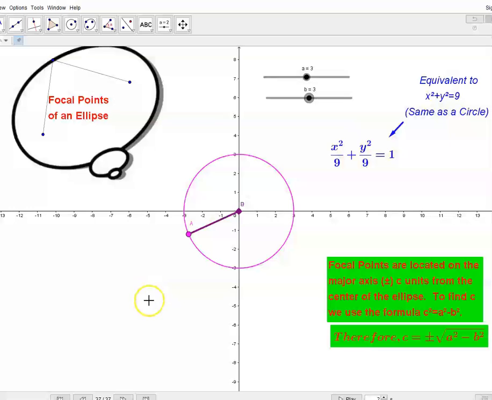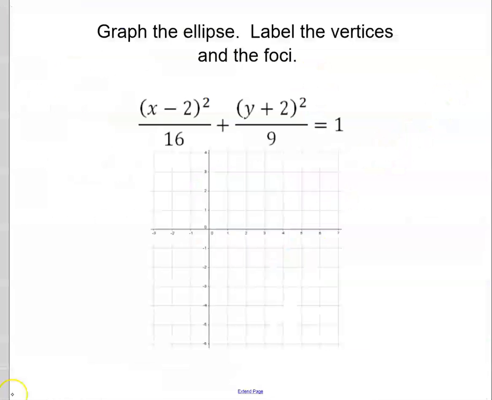You could say that a circle is an ellipse where the focal points are at the center and your a and your b are the same number. So you'll see it actually works out that way. The formulas look very similar. The big thing is that it's got to be equal to 1, and you have the numbers underneath.